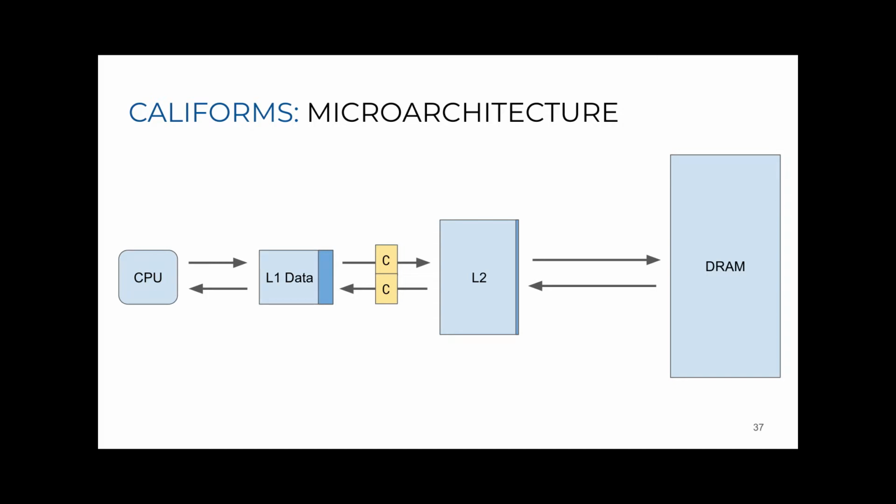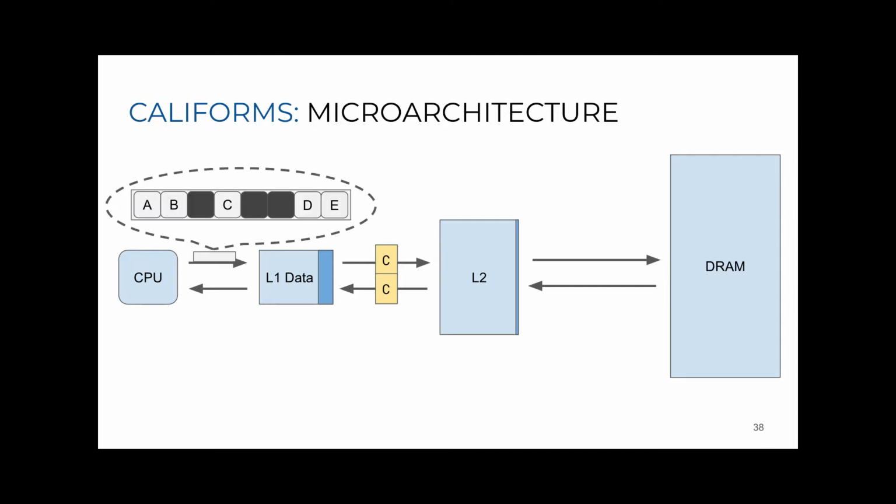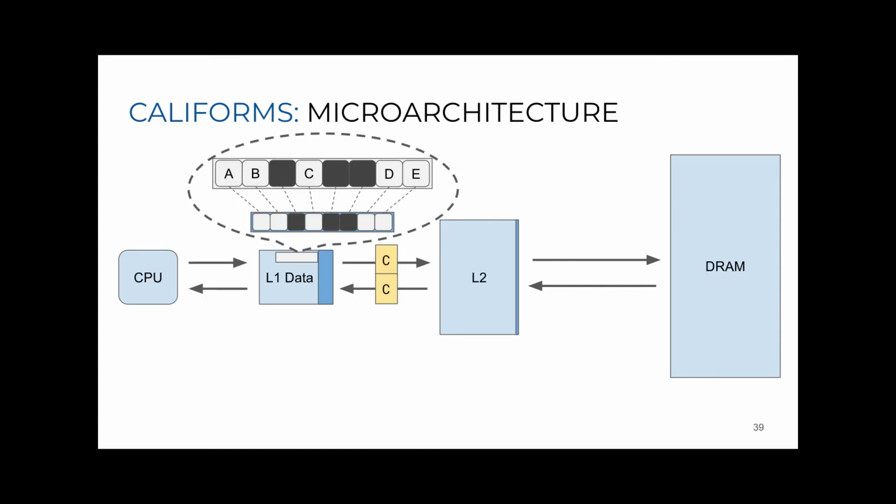As cache lines are moving between L1 and L2 caches, we insert two converters in order to switch between our two Califorms formats in both directions. So, how does that happen? Let us assume that a blacklisting instruction is issued by the CPU in order to blacklist a few bytes.